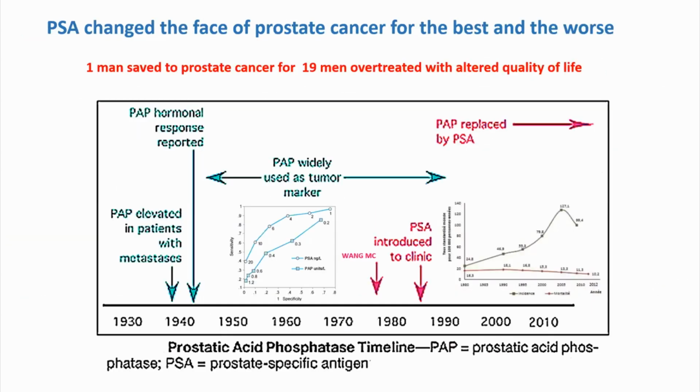Since 1980, a new marker was introduced in the clinic. It was discovered by Wang, and this marker is prostate-specific antigen.